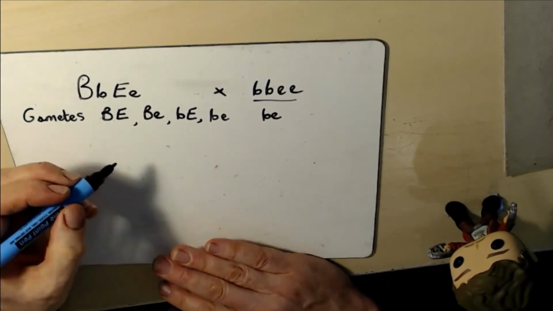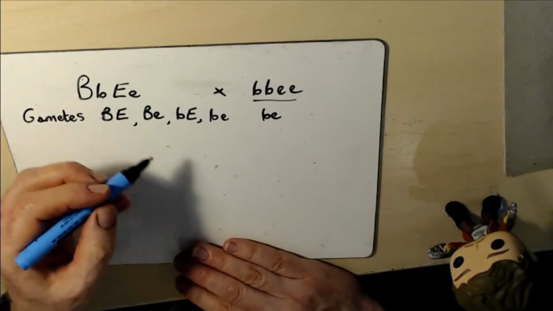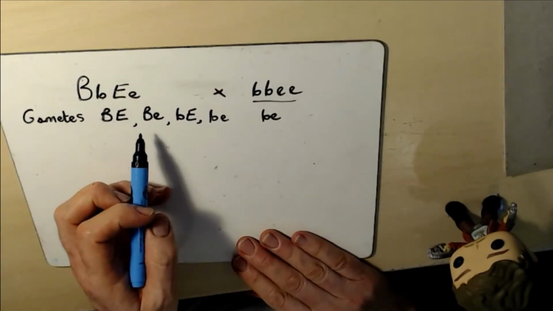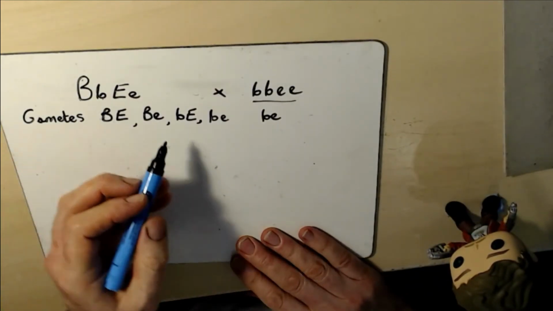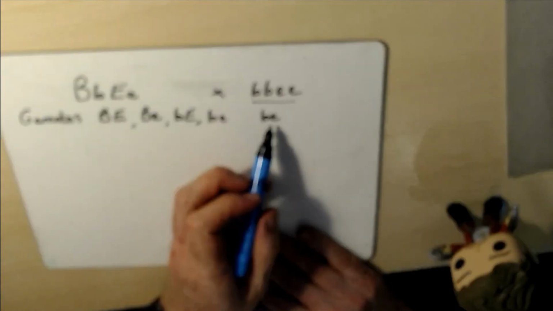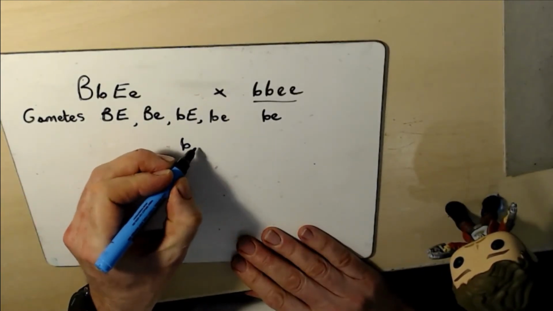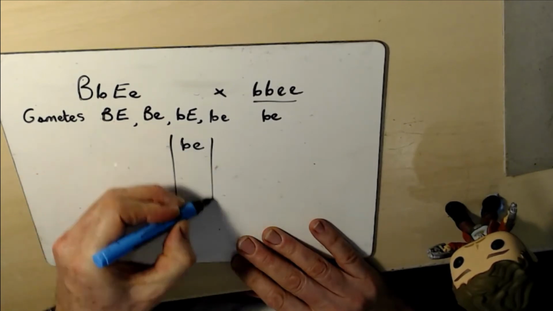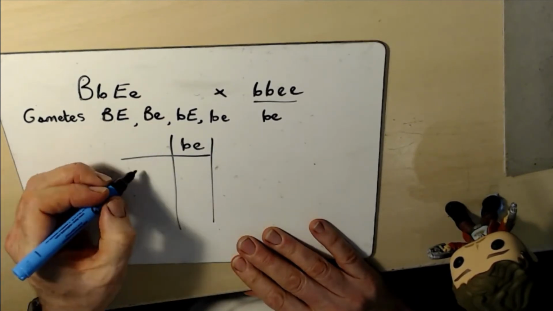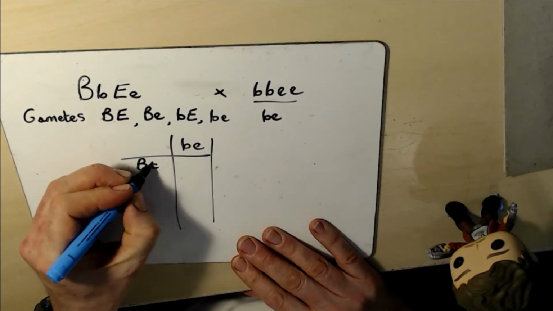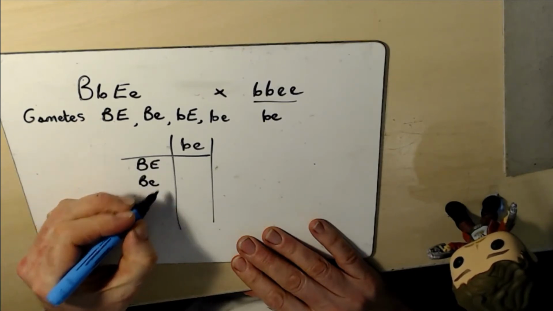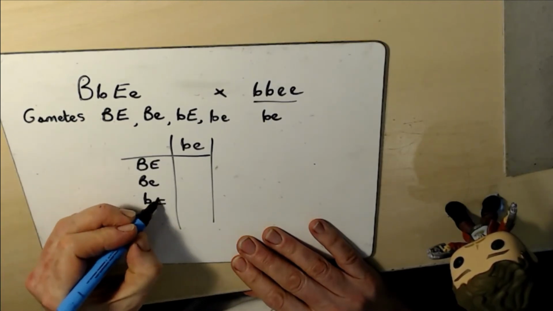So what I need to do now is cross them. I could draw a 4x4 Punnett square, but there's no need because this one here is repeating 4 times. So I'm just going to put that one at the top, and then put my gametes down here for the male.